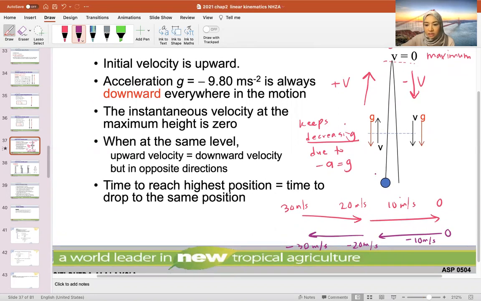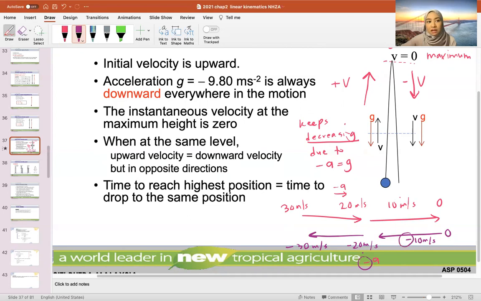But in this direction, kat ni kita cakap negative a kan. In this direction, it's also negative a sebab dia ke kiri. Tapi magnitude dia menambah kan. So now you have this sign negative dengan negative.